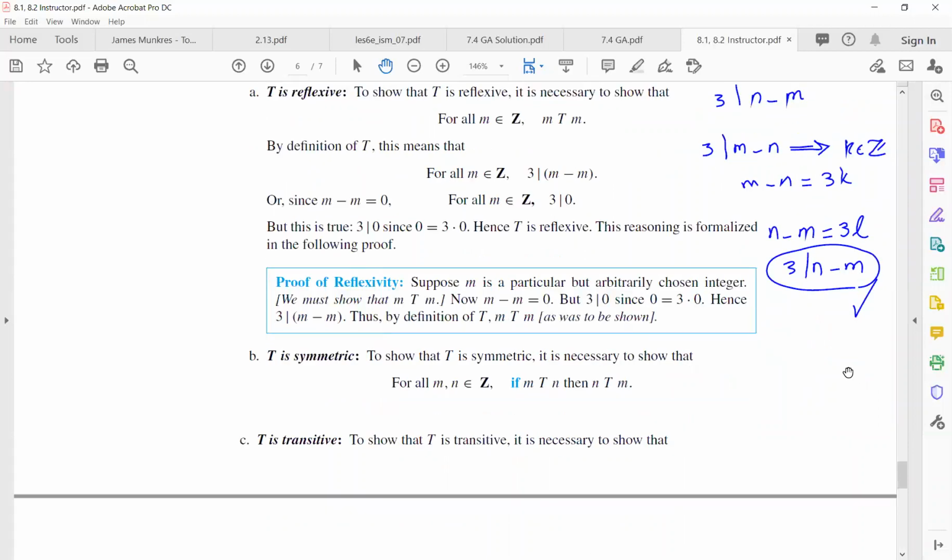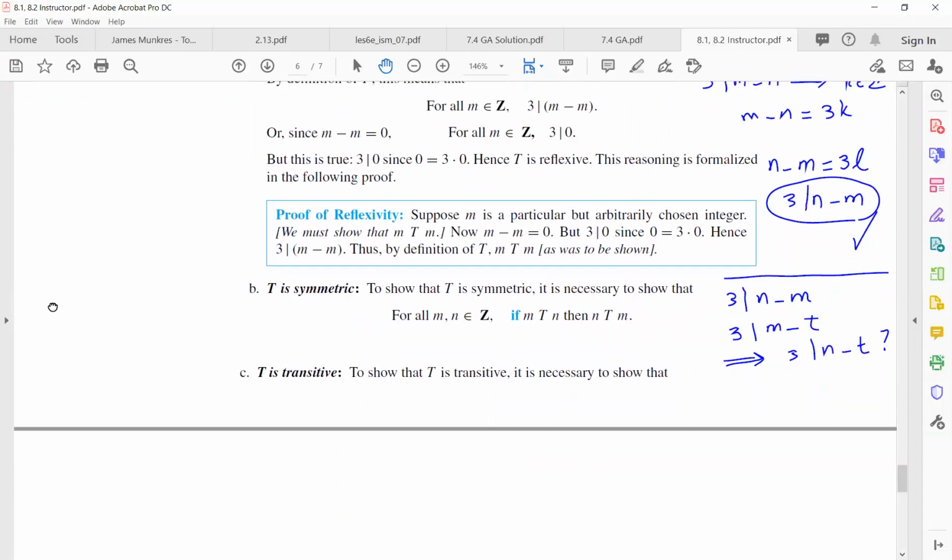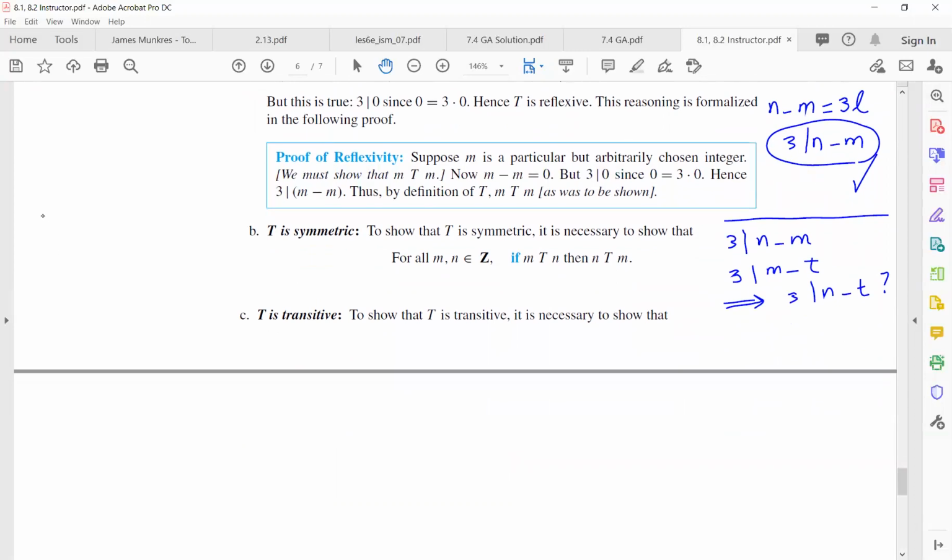For transitive, suppose 3 divides n minus m and 3 divides m minus t. Your goal is to show that 3 divides n minus t. This is not that hard. Since 3 divides n minus m, it can be written as 3k₁. Since 3 divides m minus t, it can be written as 3 times k₂.